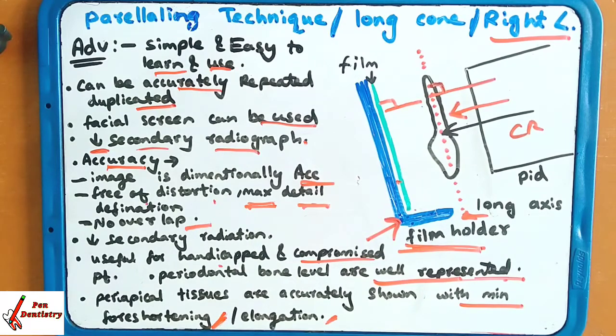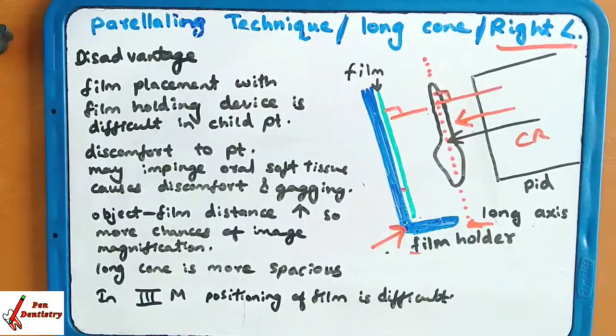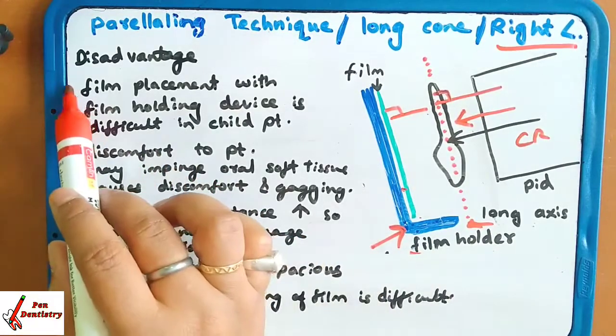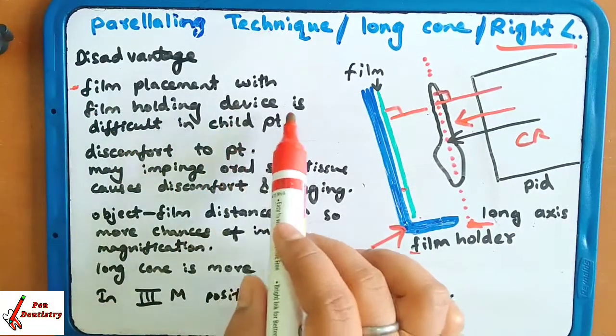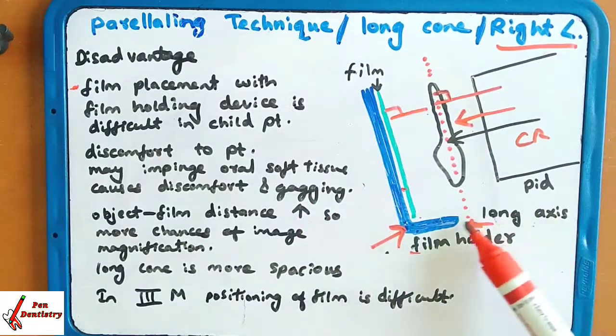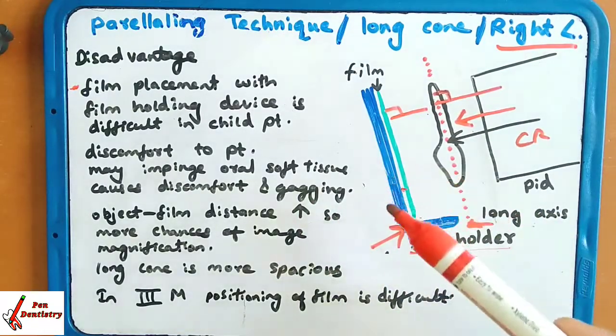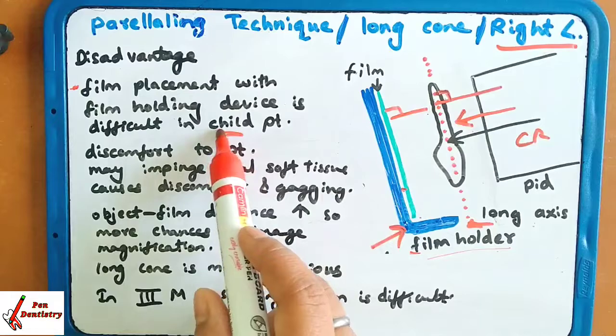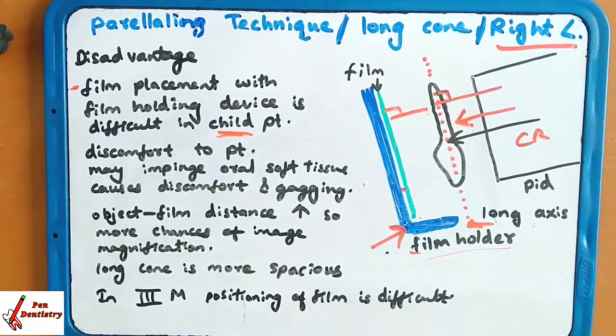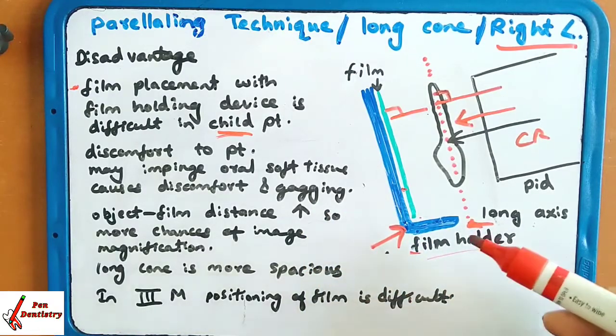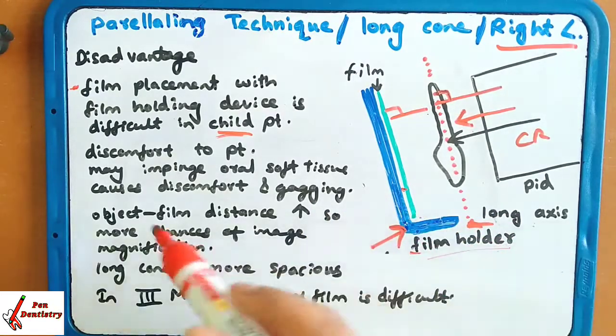Now we will go for the disadvantages of the periapical radiograph in the parallel technique. First, film placement with a film holding device is difficult. When you place the film holder as well as the film in the mouth of a child, the mouth opening is very small, so it is very difficult to place them inside the mouth.